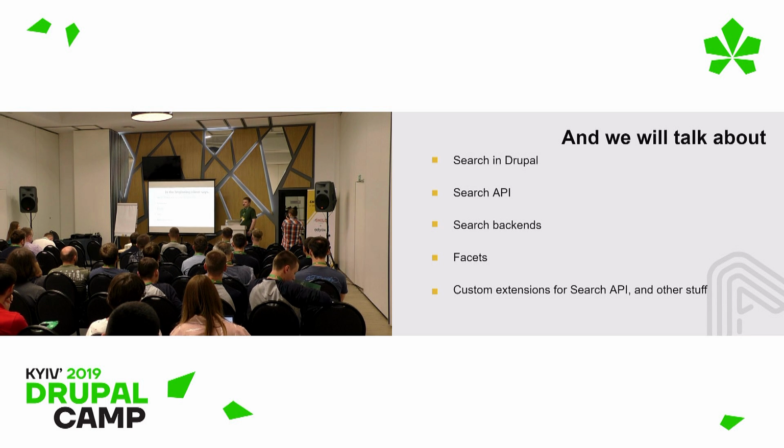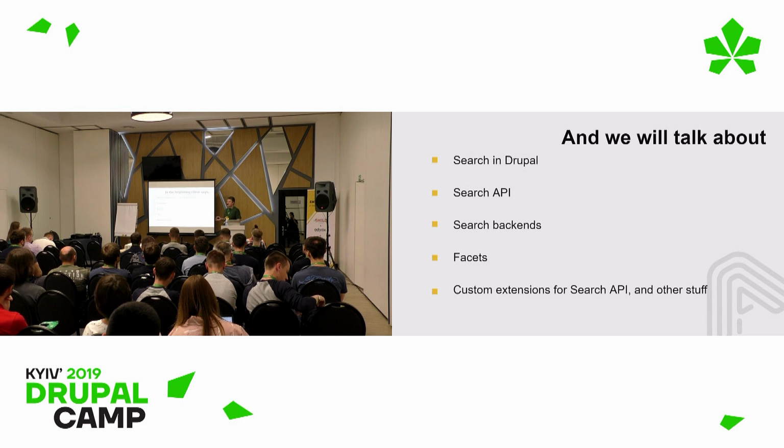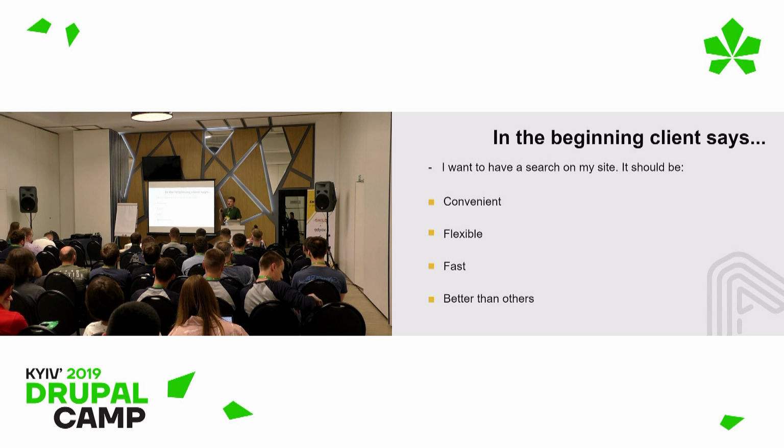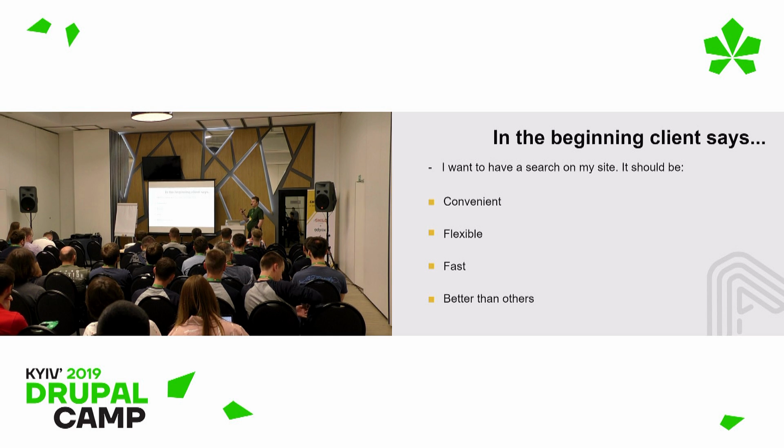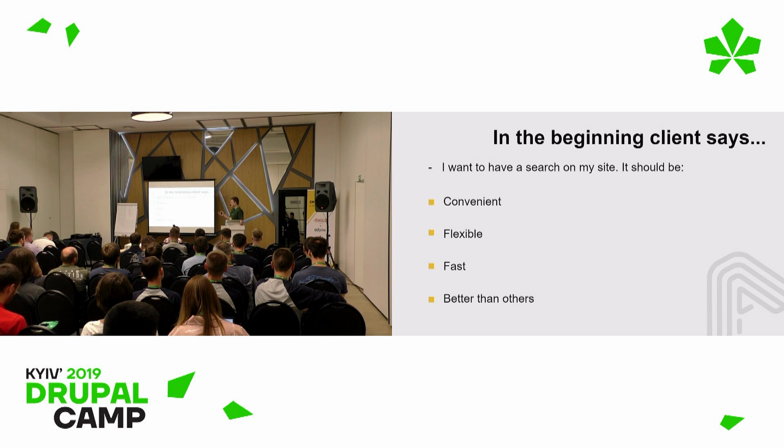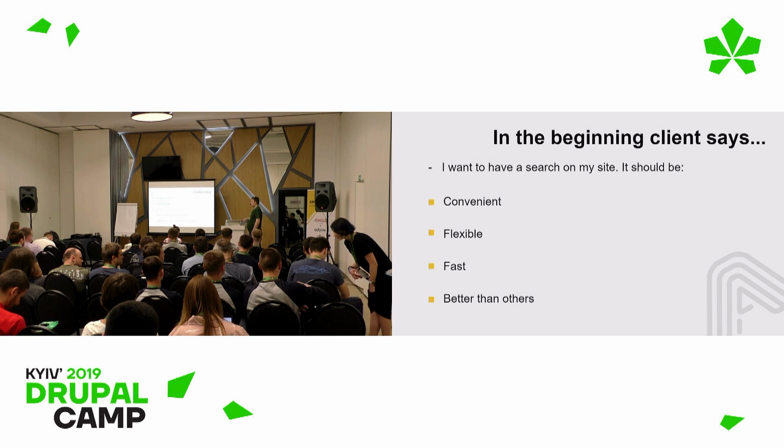In the beginning, when we work on a project, usually the client says, I want to have search on my site. And the client knows some issues regarding this search functionality. For example, the client says, I want the search, and it should be convenient, flexible, fast, and better than others. Easy, right?